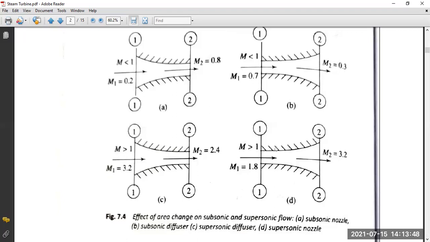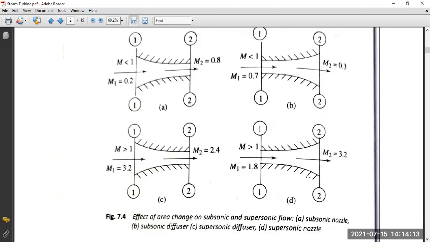For supersonic speed, for this type of passage, where it is convergent at the start and divergent at the outlet, the area is minimum at 1 and area is maximum at 2, which is similarly valid. The incoming speed on the left is supersonic, which is more than the velocity of sound, which means M is greater than 1. So M1 will be 1.8.